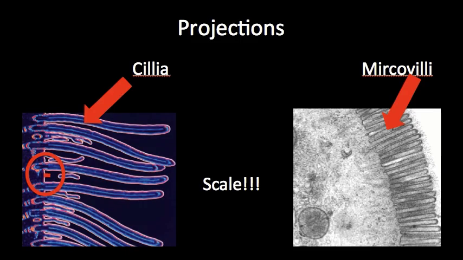And the surface membrane of a cell can have all sorts of interesting projections from it in two fundamental ways. They can have things called microvilli, and microvilli just increase the surface area of the cell.